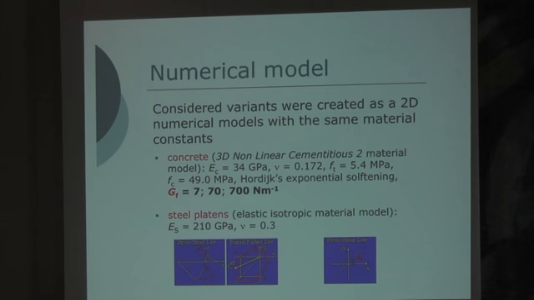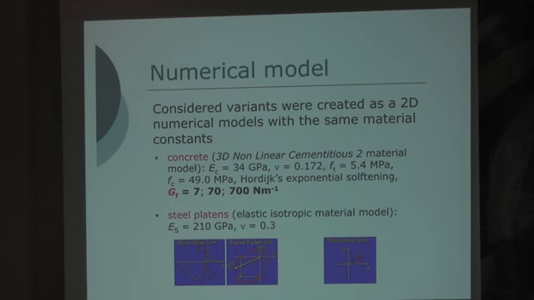The Young's modulus of the concrete was 34 gigapascals, Poisson ratio 0.172, and the tensile strength was 5.4 megapascals and the compressive strength 49 megapascals.